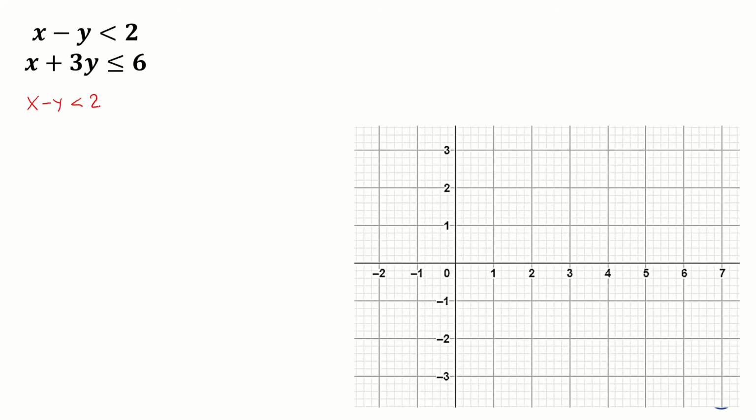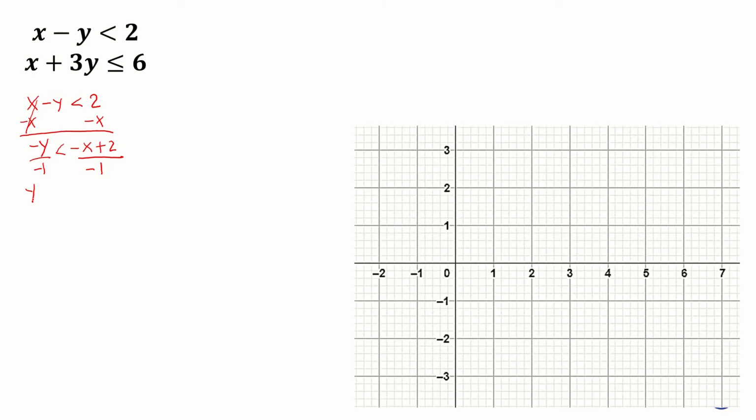So let's start with that. I'm going to subtract x on both sides because we want to see just the y on the left. So this is going to be negative y is less than negative x plus 2. Now we want the y to be positive, so we will divide each of the terms by negative 1.